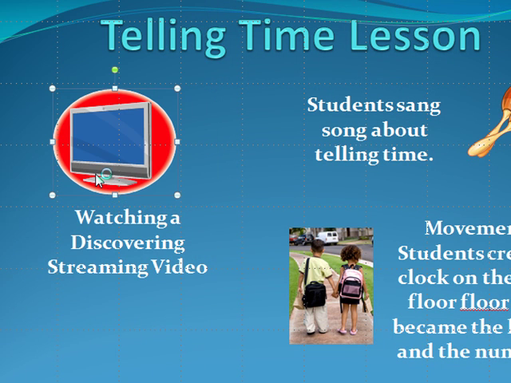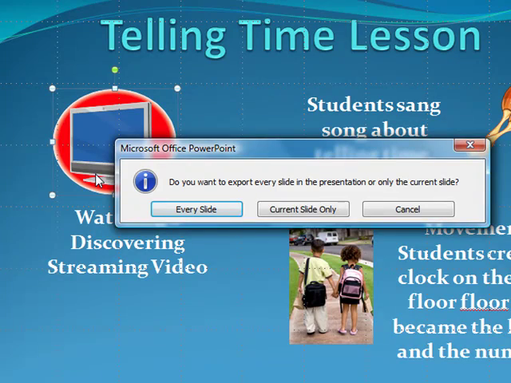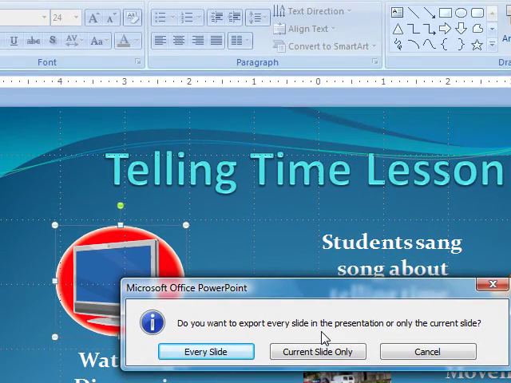I click on Save, and it's going to ask me, do you want to export every slide in the presentation or only the current slide? I only have one slide, so I'm going to say current slide. However, if I had 5 different slides that I wanted to have snapshots of, it would do that. It would save all 5 of those slides, each as a JPEG file, in a folder.